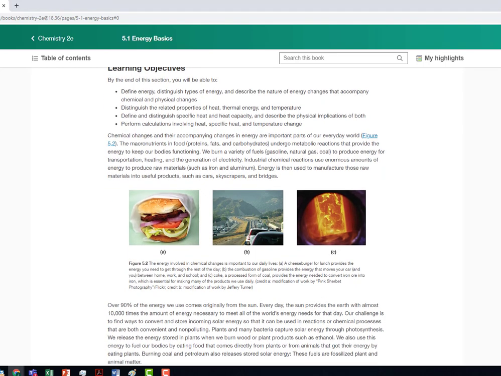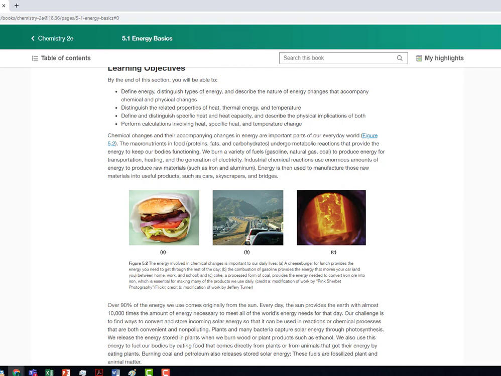So energy is important to understand in the context of chemistry because matter changes in some very important ways that involve energy. There are some examples here from your textbook. When you eat food, you are getting energy out of the food by causing a chemical reaction to take place on the food to turn it into some other form, as you digest it.